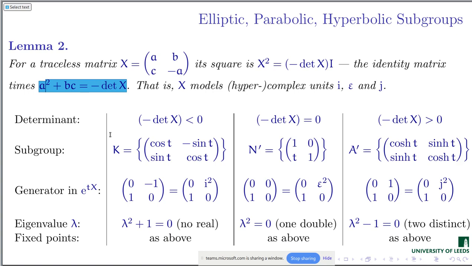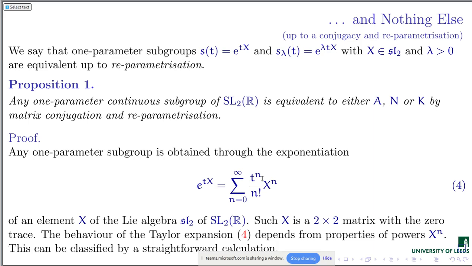So what exactly is the correspondence here? First of all, this lemma produces a classification, because if the square is the identity, that means the cube will be just x times a factor. The fourth power will be again the identity, and so forth. So the Taylor series which we discussed here just splits into a sum of even and odd powers.